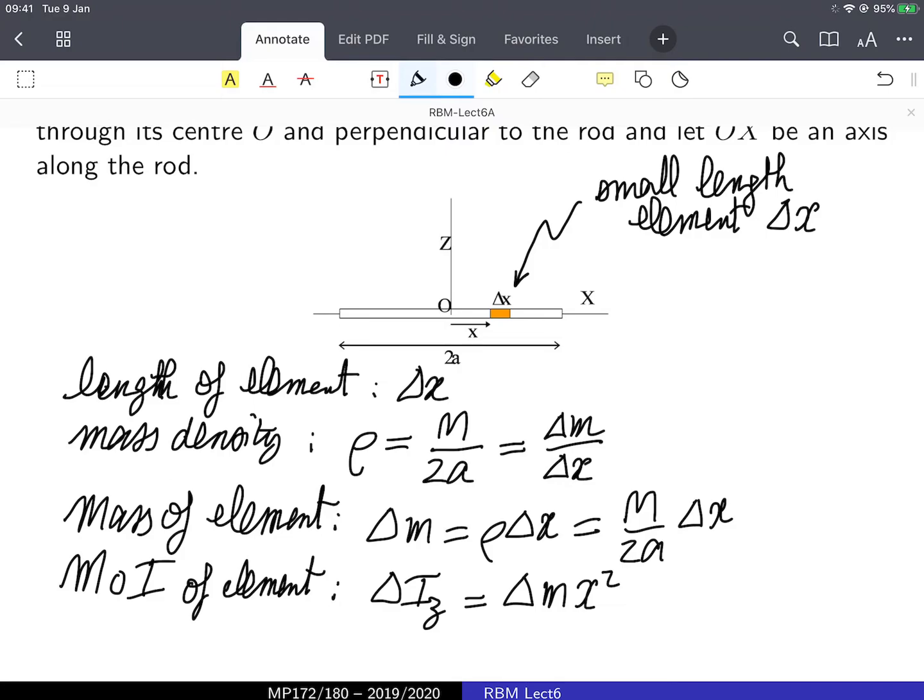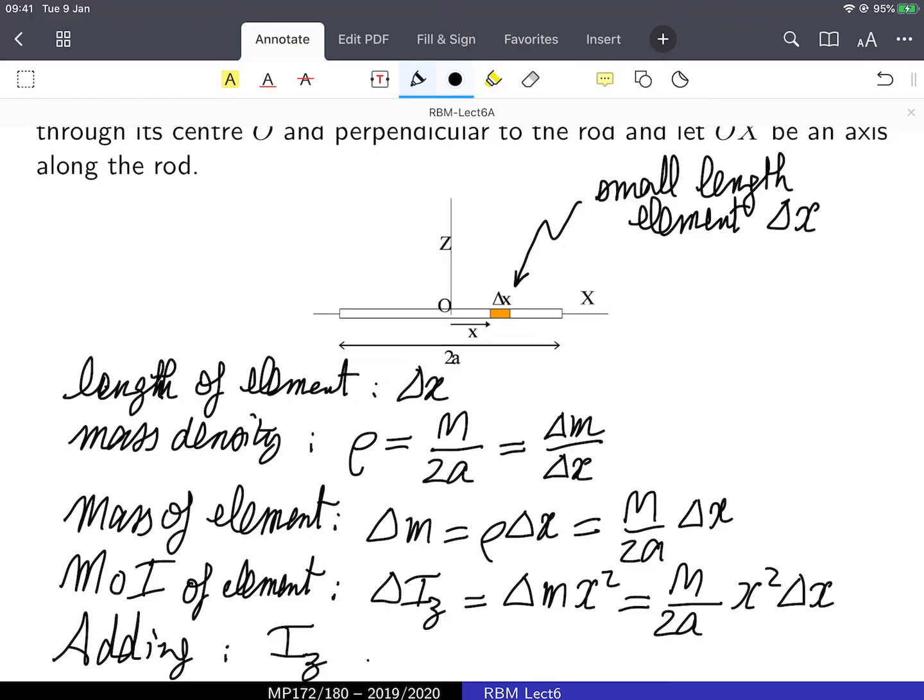That's the definition of the moment of inertia. Then I just replace delta m with m over 2a times delta x, and then I add them all up to get the total moment of inertia, the sum over the elements delta Iz.